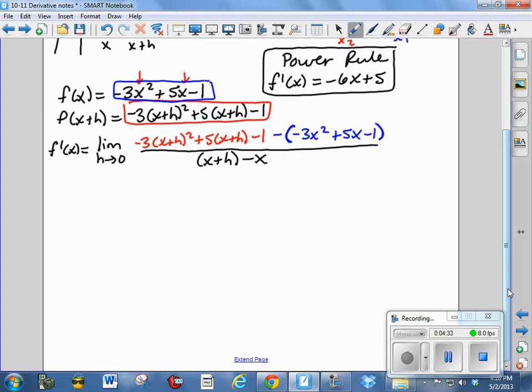Let's go on now. f prime of x is equal to the limit as h goes to 0. And now I want to do some simplifying in the numerator. So let's expand out.